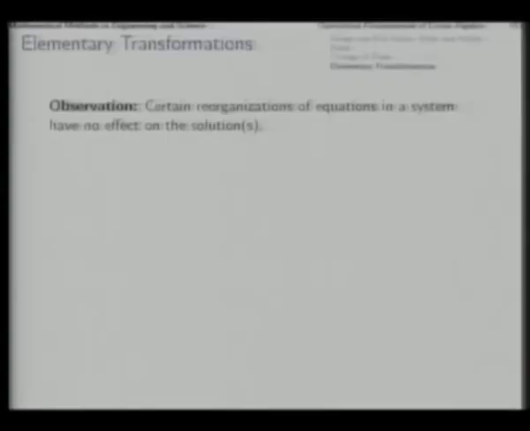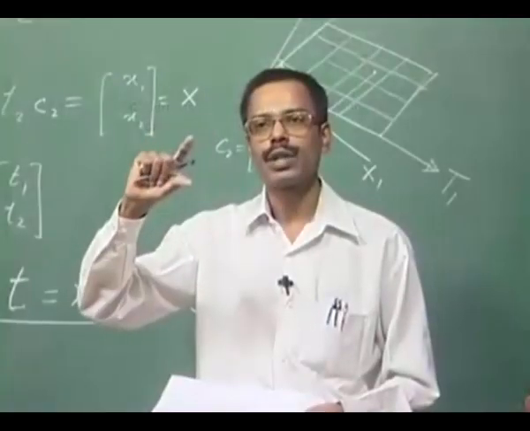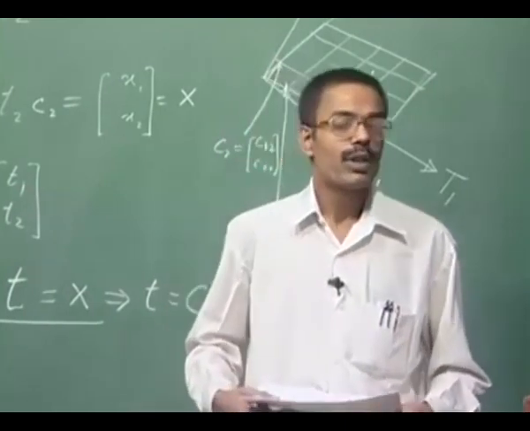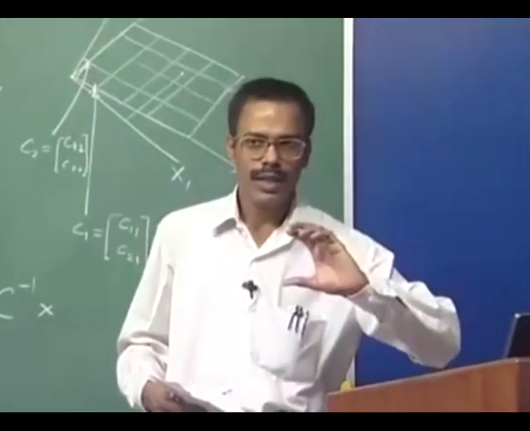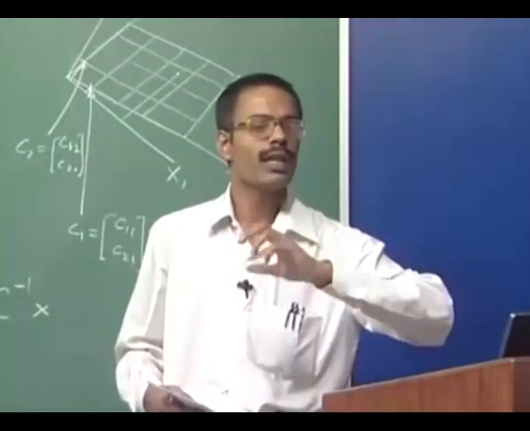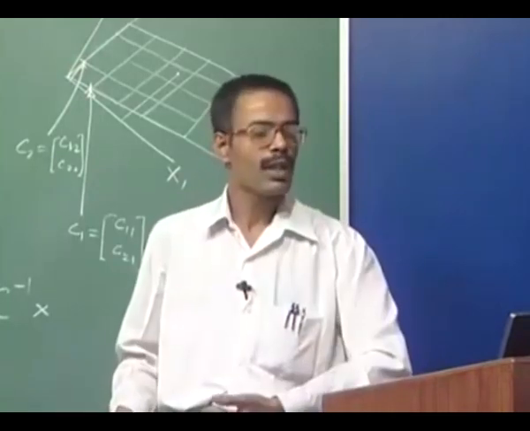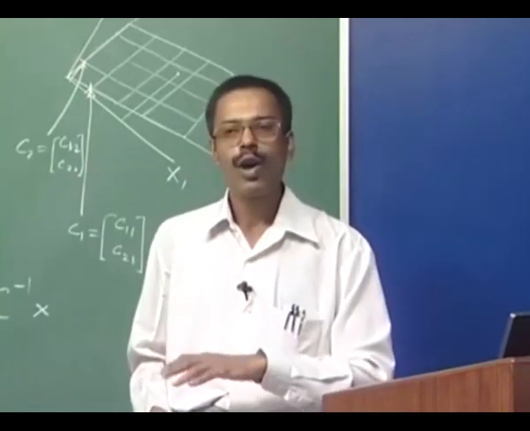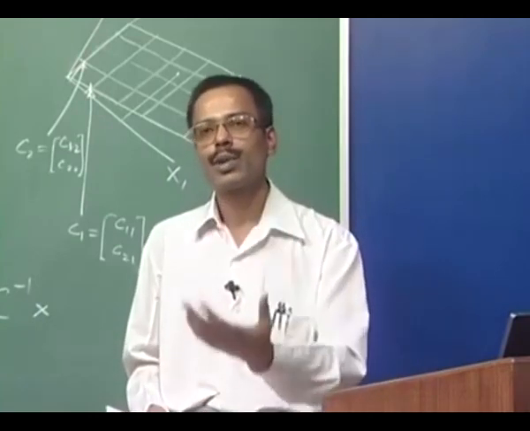Now, suppose you have a number of linear equations among a number of unknowns. We need to recognize that certain reorganizations of the equations in the system have no effect on the solutions, or for that matter on the description of the system itself.